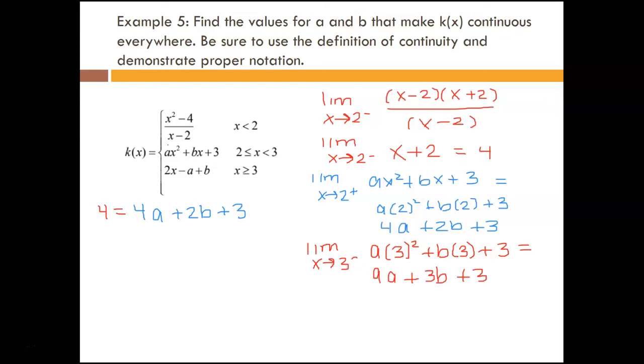The right-hand limit at 3 is 2 times 3 minus a plus b, or 6 minus a plus b.